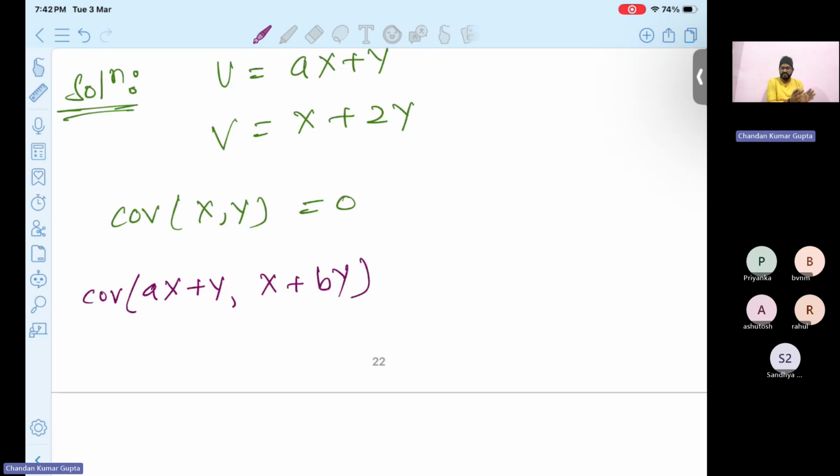That means we have linear combinations of the variables x and y, and we need to find the covariance between those linear combinations of the random variables. The formula says the covariance comes out to be a times covariance of xx, which is nothing but the variance, plus ab times covariance of xy.